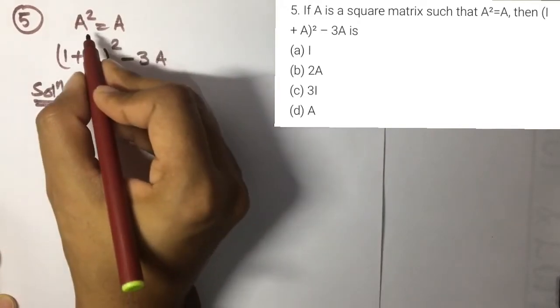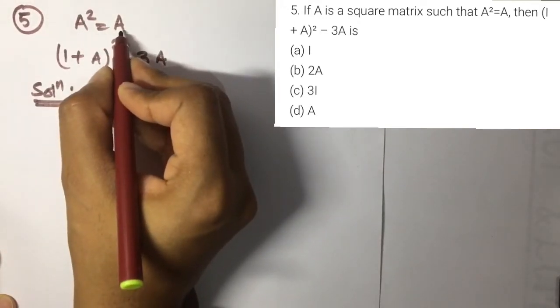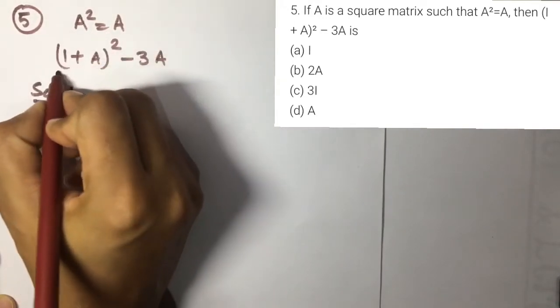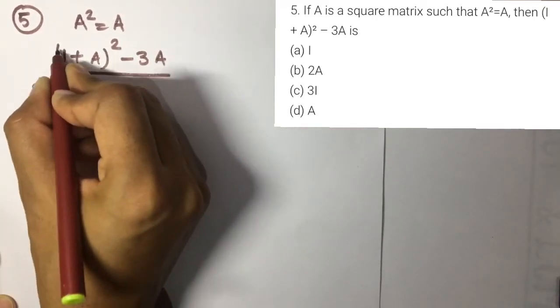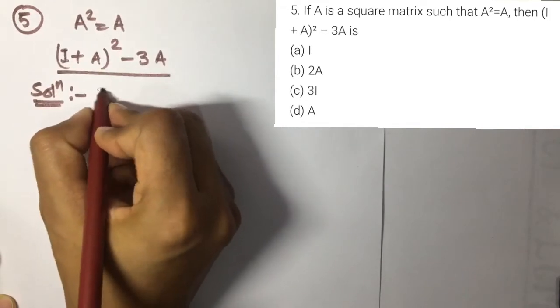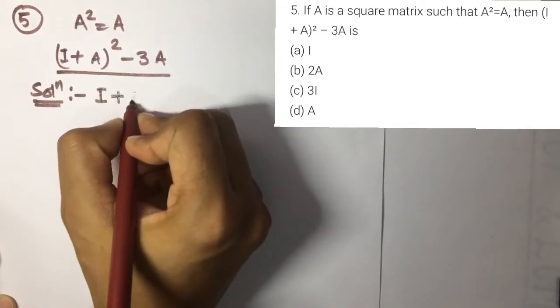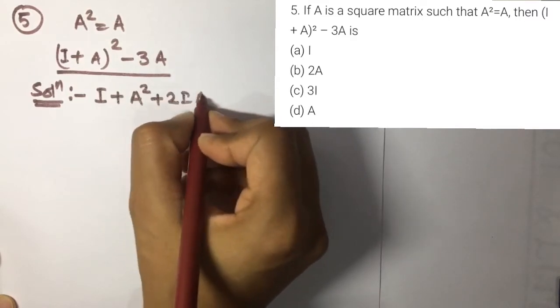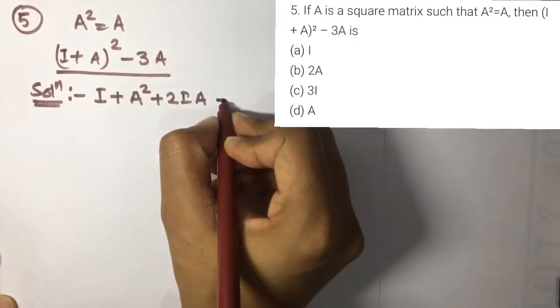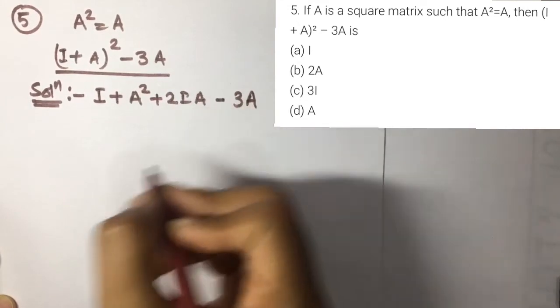So A is the square matrix, so A is equals to A square and you have to find this. So if we open this, I plus A whole square, this is I plus A square plus 2IA and minus 3A.